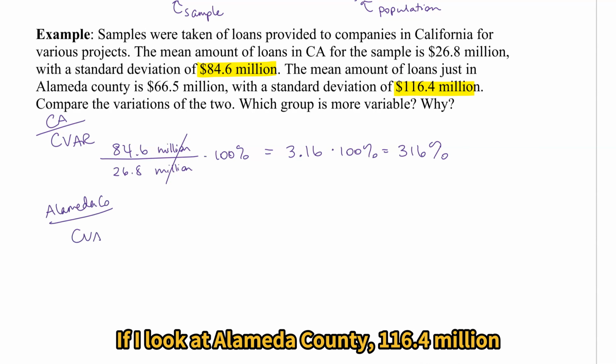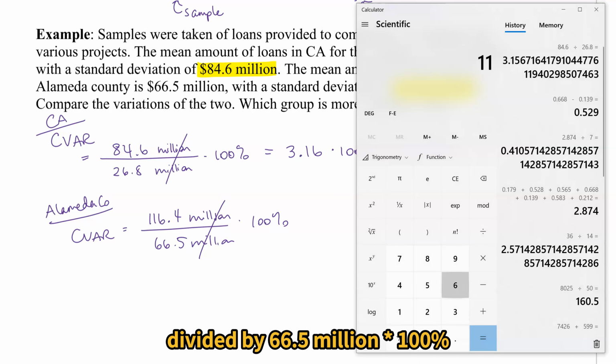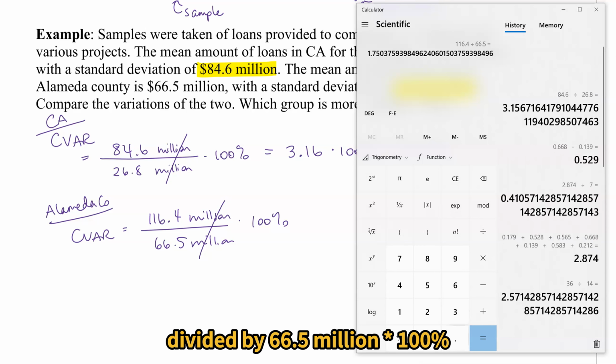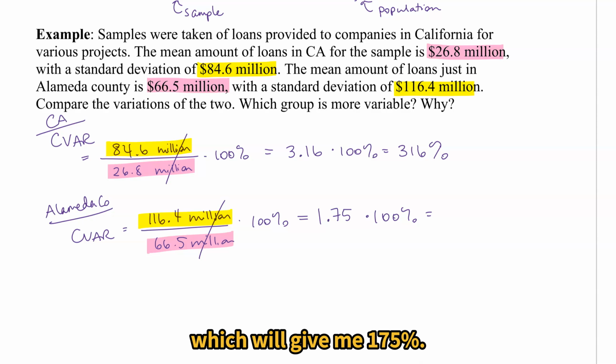If I look at Alameda County, 116.4 million divided by 66.5 million times 100%. I get 1.75 times 100%, which will give me 175%.